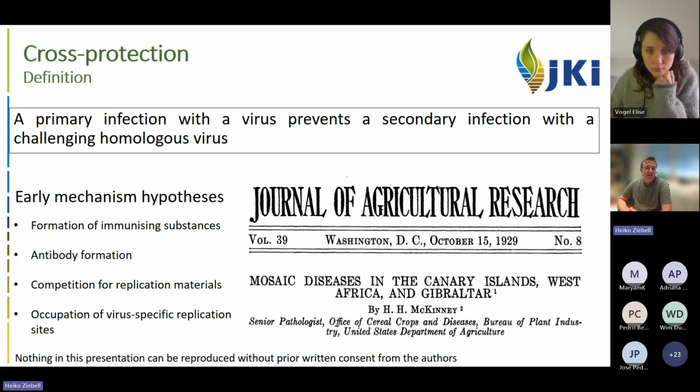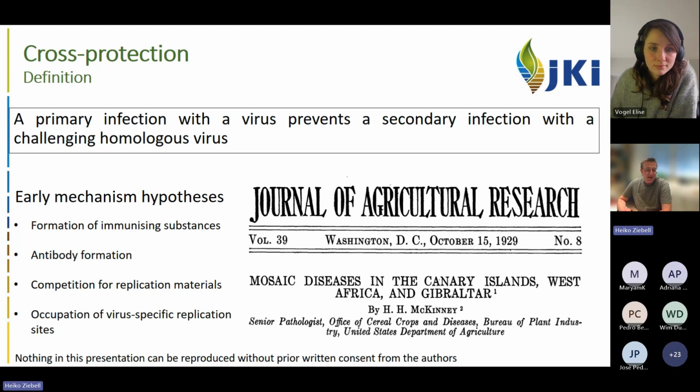Early mechanism hypotheses involved the formation of immunizing substances, a difficult word, like we have in our bodies. But of course, plants do not have an immune system, strictly speaking.